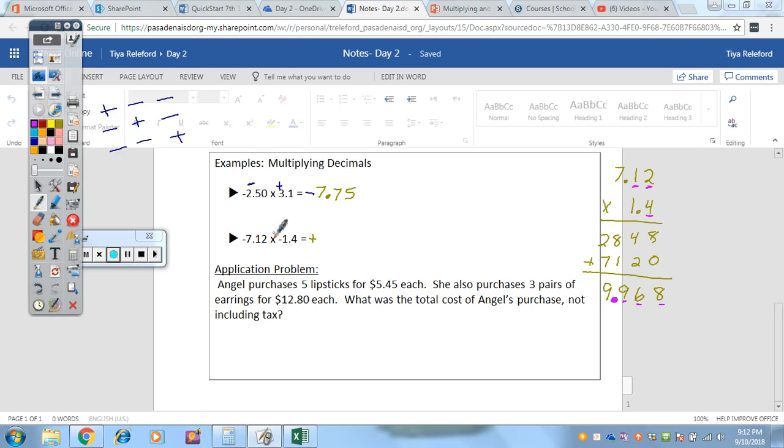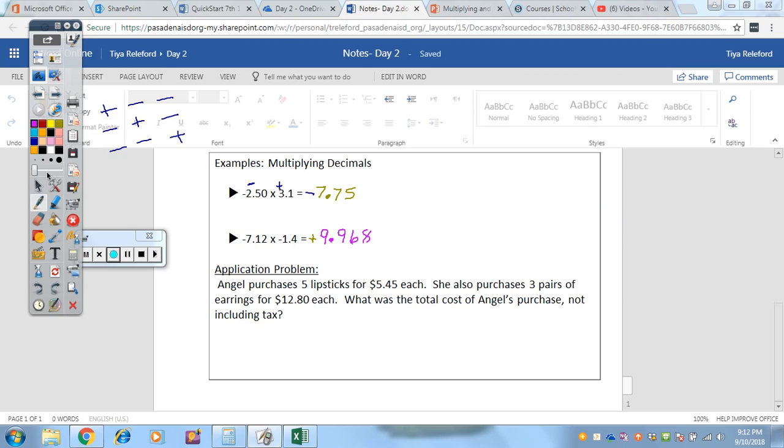Negative 7.12 times negative 1.4 is positive 9.968. I know 7 times 1 is 7, and 9 is not quite 7, but it's pretty close. I don't think it's far enough away that I would be worried. If you got 99, you have a decimal issue.